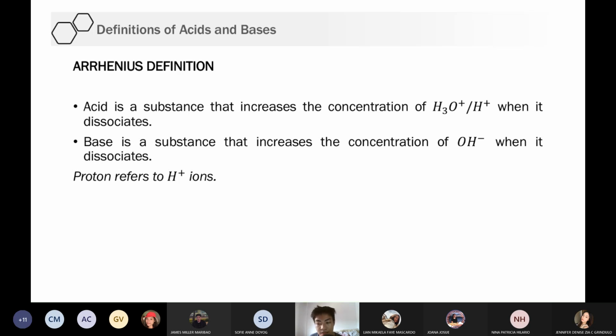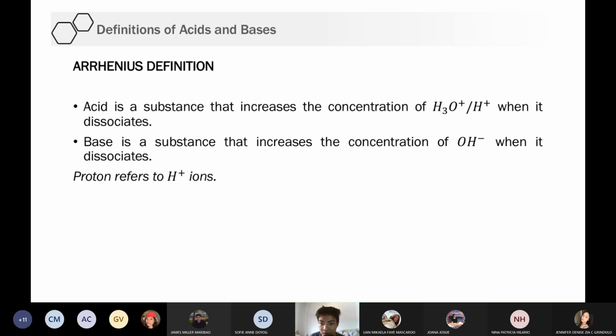No? So, ibig sabihin, according to Arrhenius, ang acid daw, it has a proton na cation. Okay, so when you have an ionic compound wherein the cation is proton or H plus, hydronium ion, it is an acid, no? Basta H yung kanyang cation.